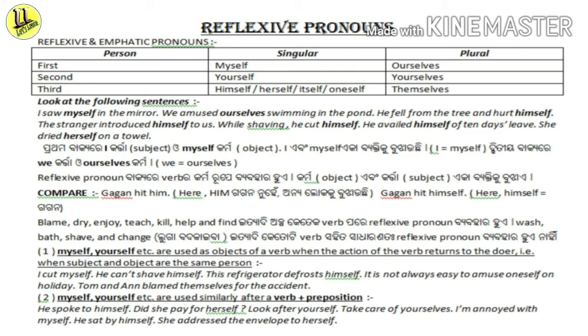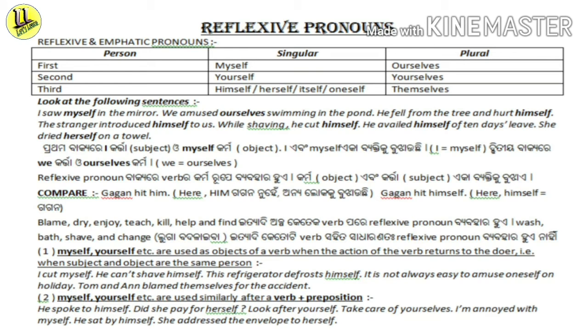Ourselves, mark. He fell from the tree and hurt himself. Himself is the pronoun. The stranger introduced himself to us. Here, himself also. While shaving, he cut himself. He availed himself of 10 days leave. She dried herself on a towel.